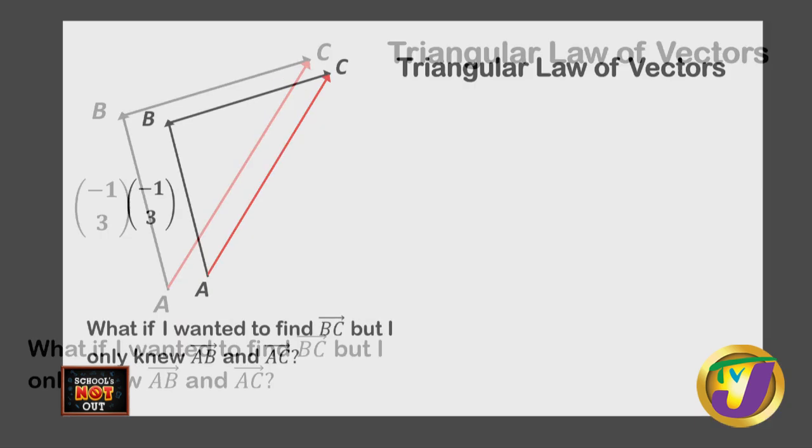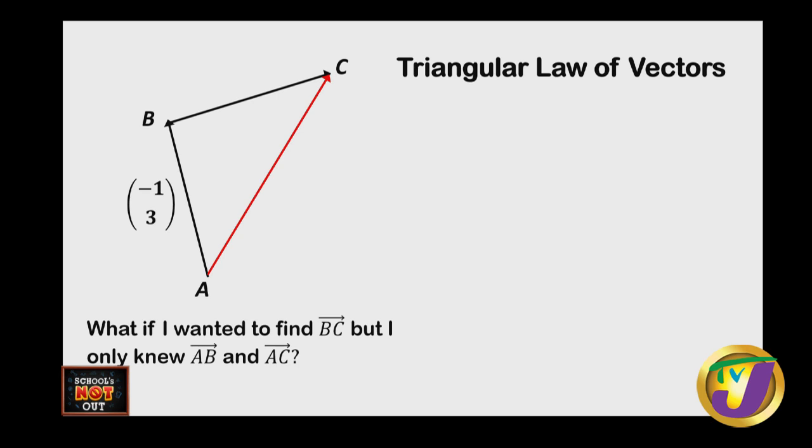What if I wanted to find BC, but I only knew AB and AC? All right, so we're talking about vector BC. We wanted to find vector BC, and we only knew vectors AB and AC.